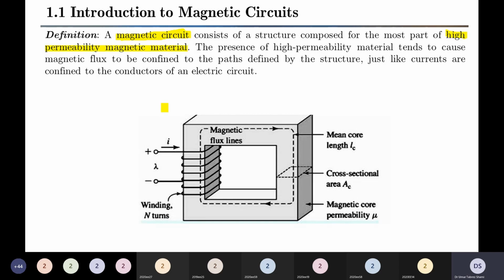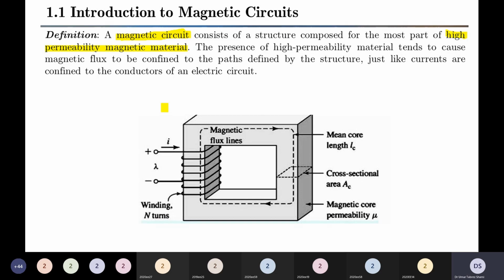It is a material which allows magnetic flux lines to pass through it very easily. Most of the time, ferromagnetic materials, for example iron or steel, are called high permeability magnetic materials; they allow flux to pass through them very easily. On the other hand, we have air.